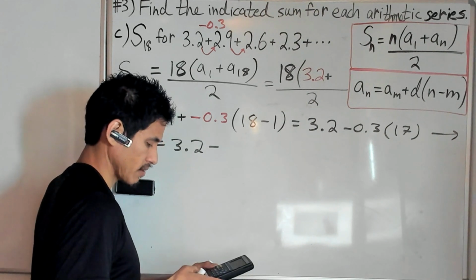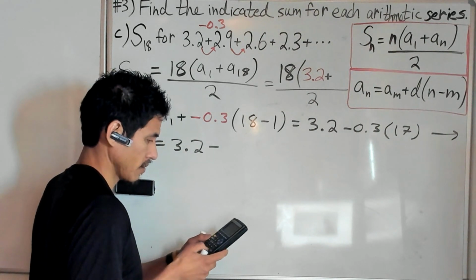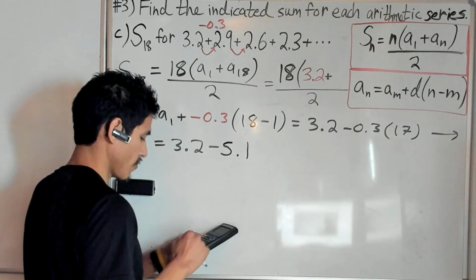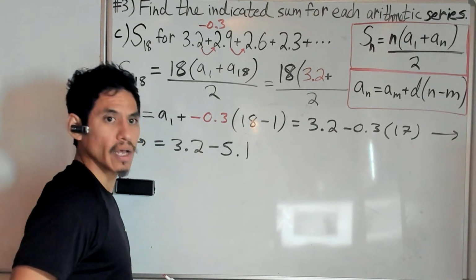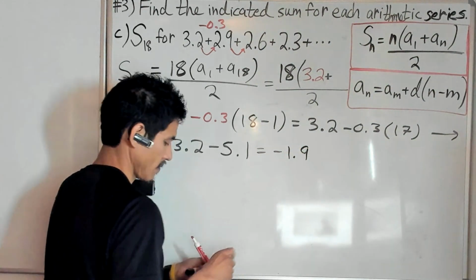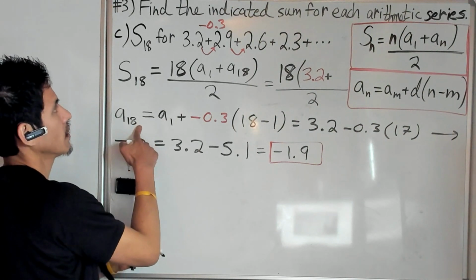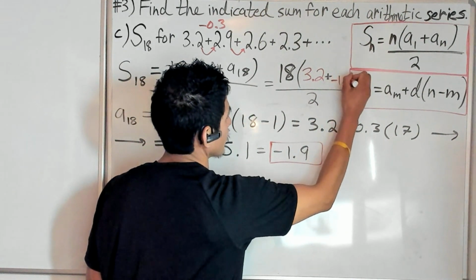Let me give my calculator some action. Yeah, 5.1. So 3.2 minus 5.1, negative 1.9. So that's going to be our 18th term. And so we're going to put negative 1.9.